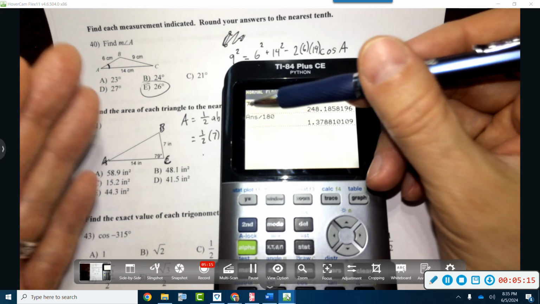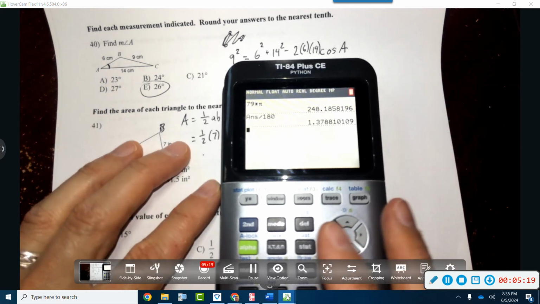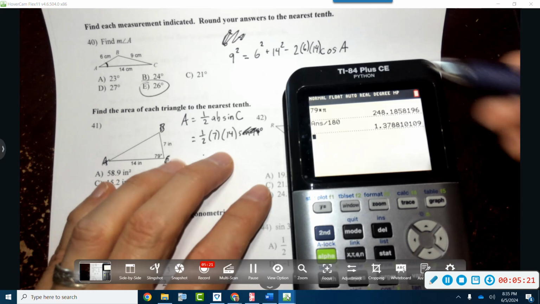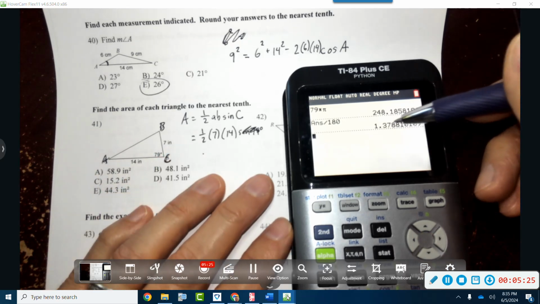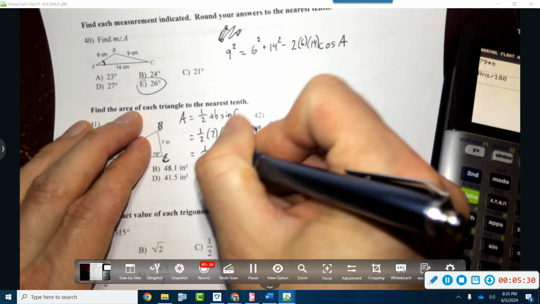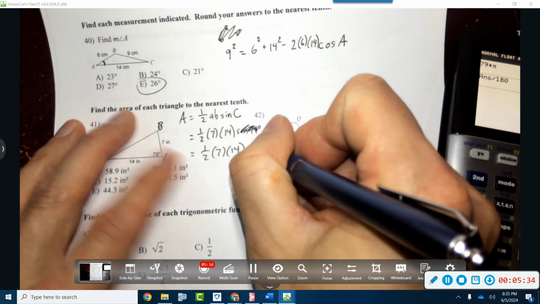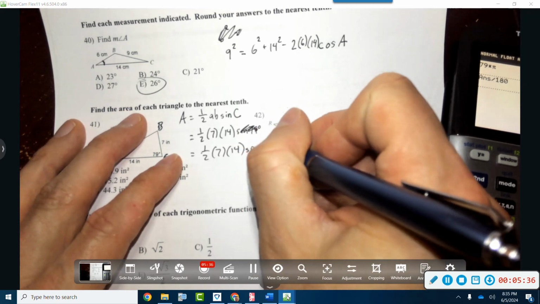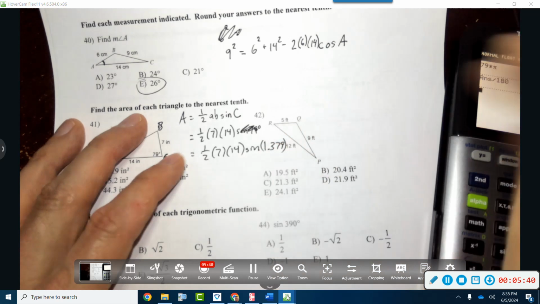79, I believe, is a prime number. Yes, it's a prime number. So that is it in decimal form, but that is 79 pi over 180. So what I need to do is just make this 1/2. Okay, and then it's going to be the sine of 1.379, but that is in radians.